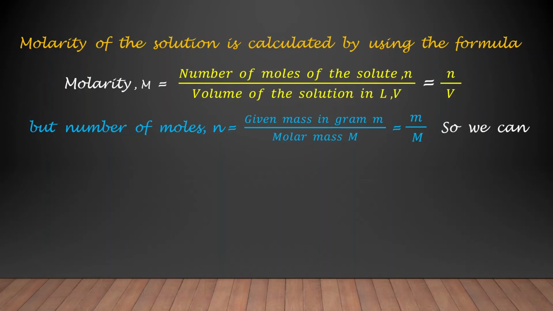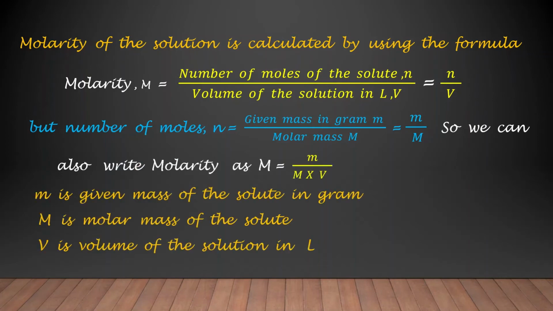If you substitute the value of n in the formula for the molarity, we can also write the molarity as M equals small m divided by capital M into V. In this formula, small m is the given mass of the solute in gram, capital M is the molar mass of the solute, and capital V is the volume of solution in liter.